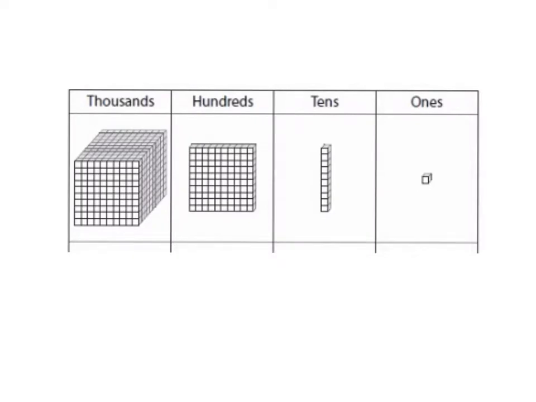Today we're going to be using our base 10 blocks that we've seen before to rename and regroup numbers. So let's have a quick review of our base 10 blocks. Our smallest base 10 block is called a cube, and we know that it is worth 1. When you have 10 cubes, you move up and you call it a long, and it is worth 10.